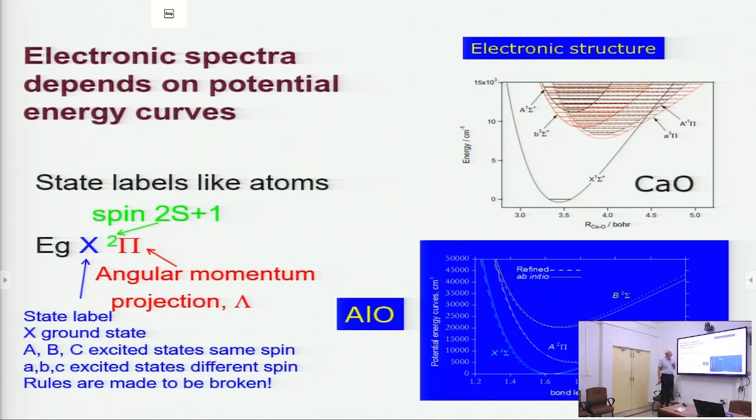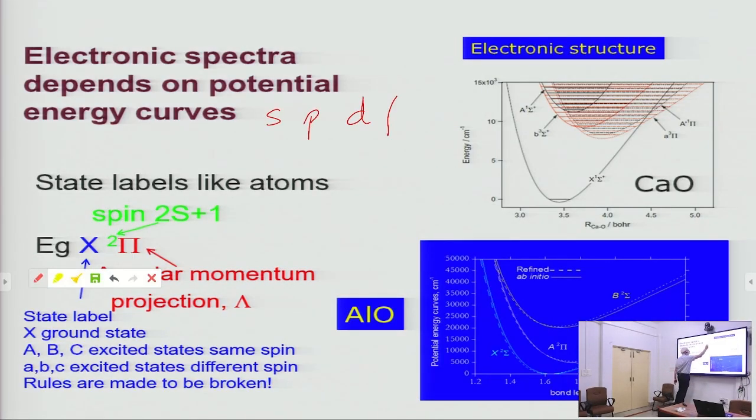Then you have this notation, which is Greek letters as opposed to Roman letters. And my guess is your Greek is even worse than my Greek, and I didn't do Greek at school. But they're a map from the Roman letters. So if you remember, we had S, P, D, F, G. I think most people's Greek alphabet runs out about then.